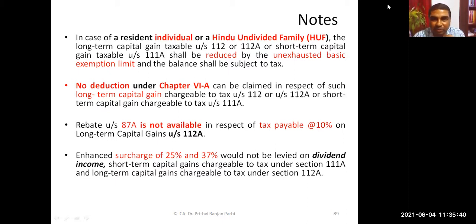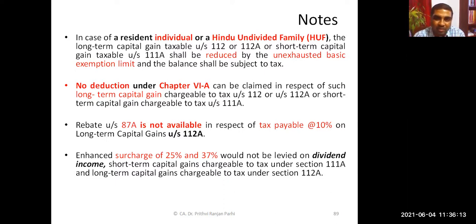It is only for individual and HUF. The long-term capital gain taxable under section 112 and 112A, or short-term capital gain taxable under section 111A, shall be reduced by the unadjusted basic exemption. So whether it is a long-term capital gain or short-term capital gain, if the assessee's basic exemption limit is not exhausted and the assessee is an individual or HUF, then this capital gain, whether long-term or short-term, shall be reduced to that extent.